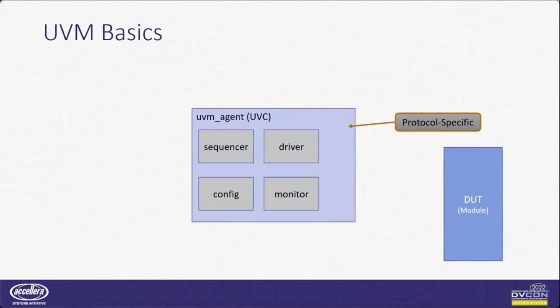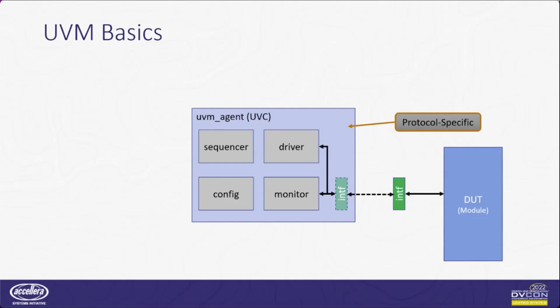In UVM, we have a UVM agent, or sometimes called a UVC or a UVM verification component, that is protocol specific, that includes everything you need to do to communicate to the DUT given the certain protocol. Now, the way we actually connect from the class-based world of UVM and System Verilog to the module-based world of the DUT is through this thing called a System Verilog interface.